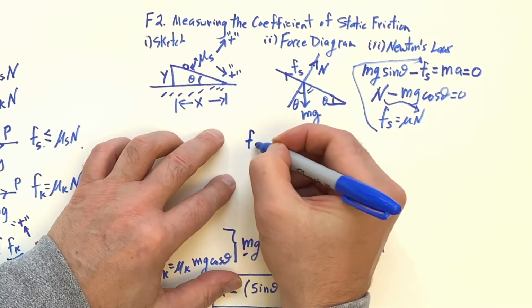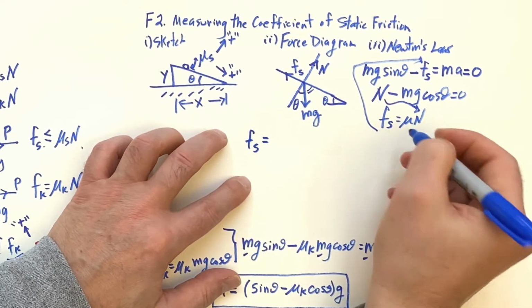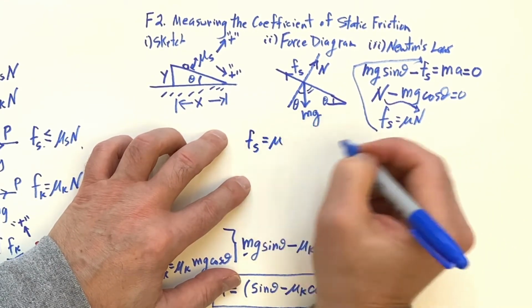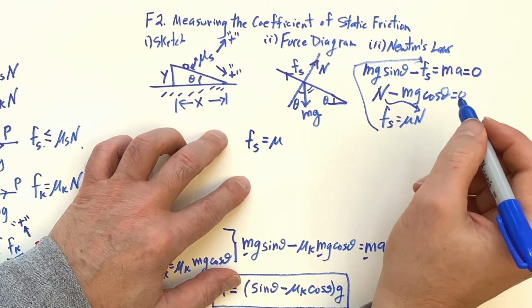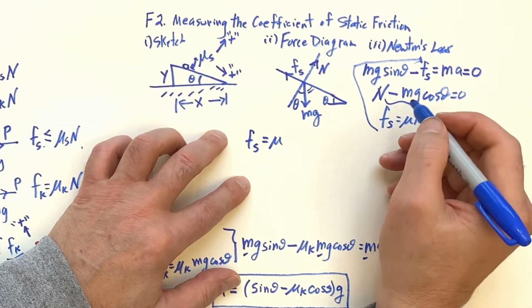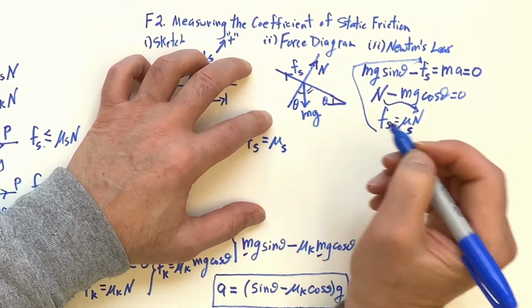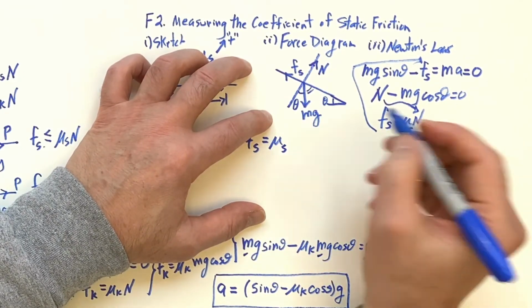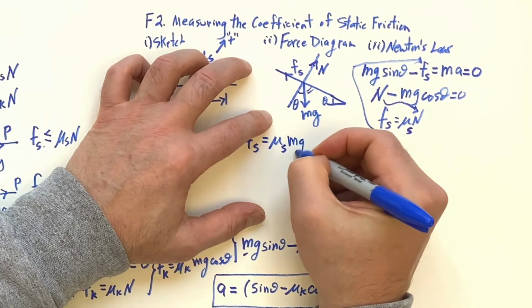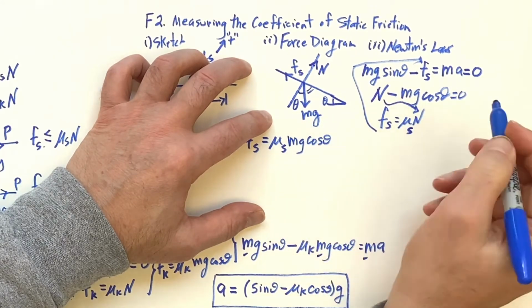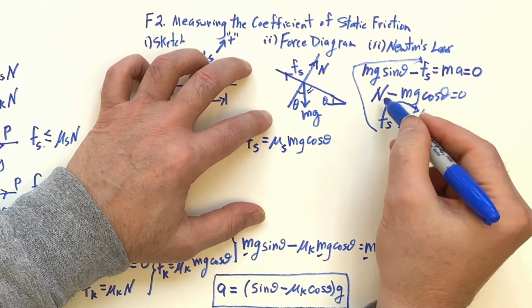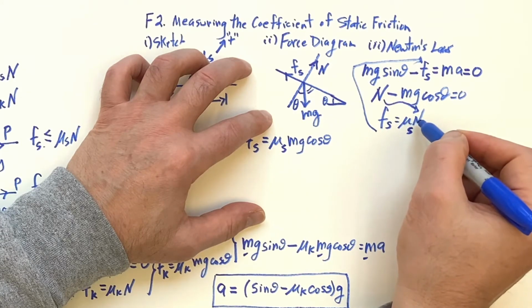So we have the friction force, mu n, is going to be mu. Here you could write in these little s's because that's a reminder that it's the static case. And this is mg cosine theta, n is mg cosine theta, put it in there for the n.